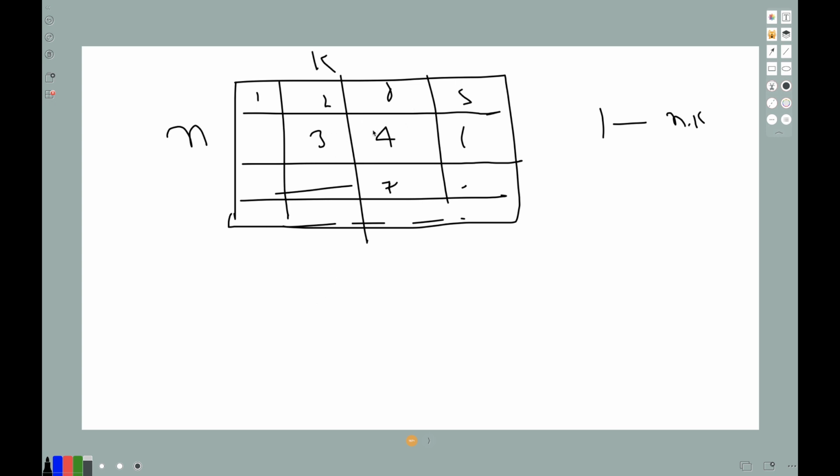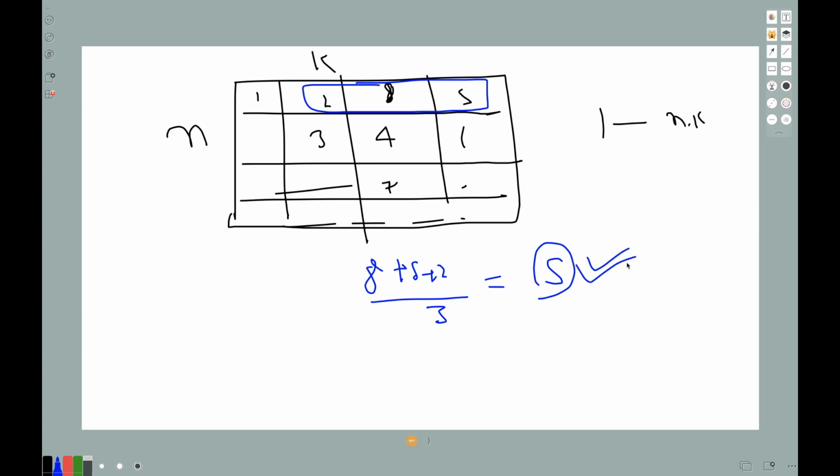So let's take this subarray. So this was the 8, right? This subarray 2 8 5, its mean should be an integer. So 8 plus 5 plus 2 divided by 3, and what does this give? This gives 5. So this is good. However, let's take this one.